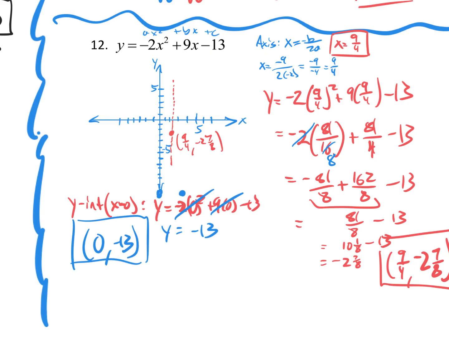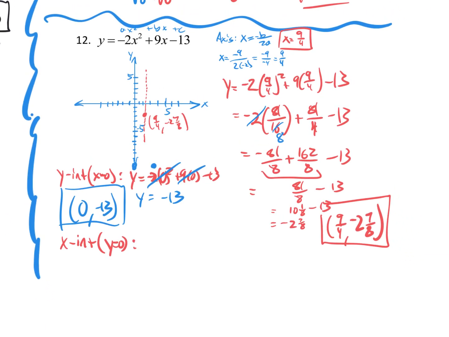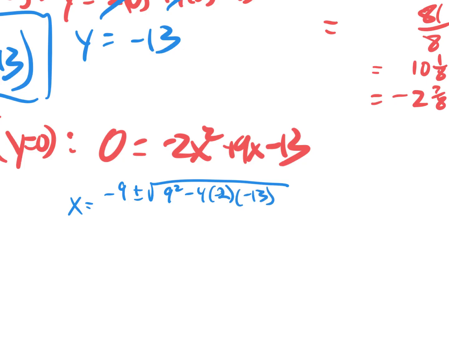To find our x-intercept, we want y to be 0. So we set y equal to 0 here. And we get 0 equals negative 2x squared plus 9x minus 13. And to solve that, we're going to need the quadratic formula. x equals negative b plus or minus square root of b squared minus 4ac, all over 2a.